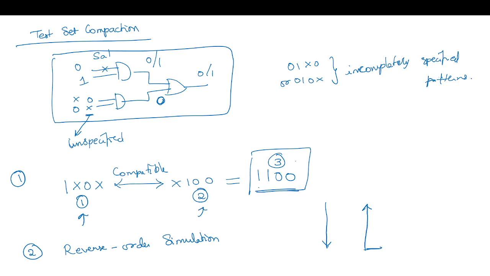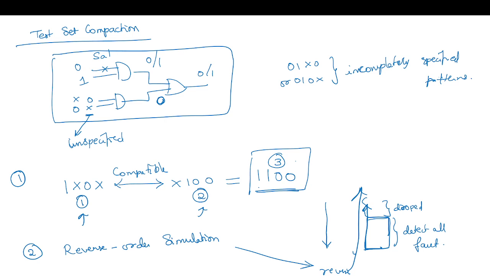So if with these patterns we can detect all the faults, then these patterns can be dropped. And we simulate from here. So it's a reverse. So reverse order simulation means simulate the test vectors in reverse order. Some vectors may no longer be needed.